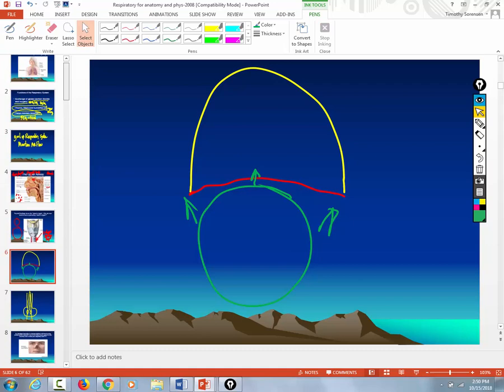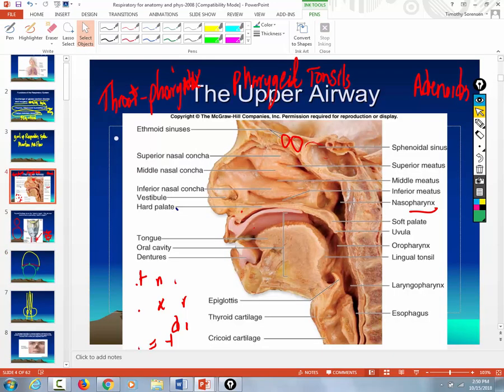All right. Okay. So what I want you to be able to do is trace the path air takes from the environment all the way down into the alveoli. All right? So we've talked about the upper airway. Air enters the nares, right?